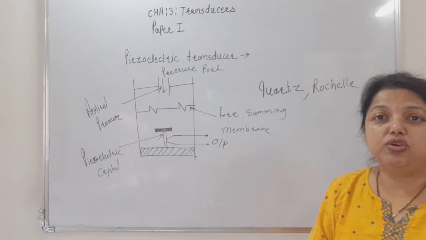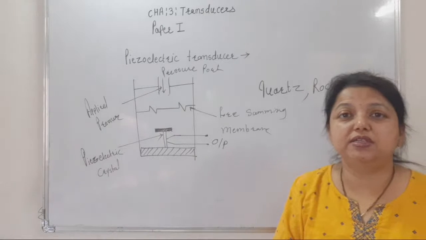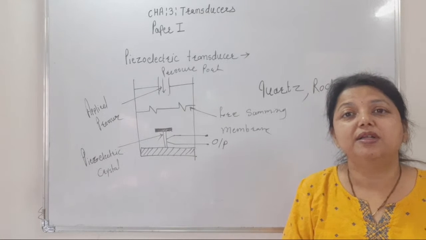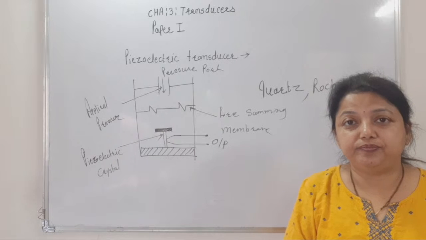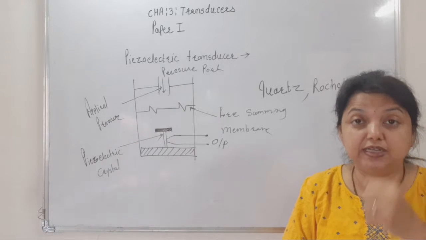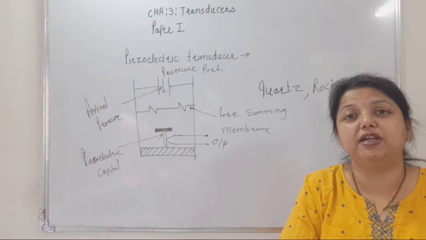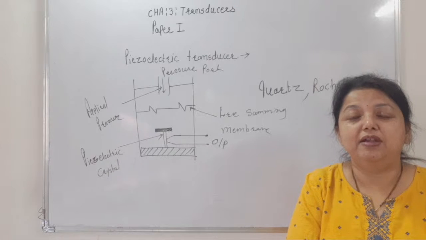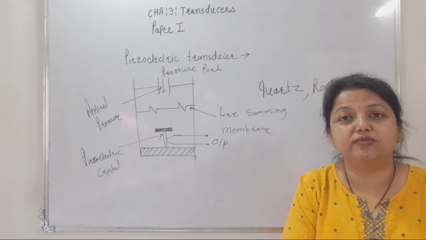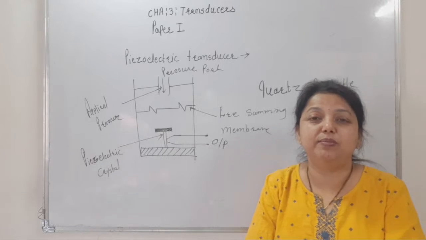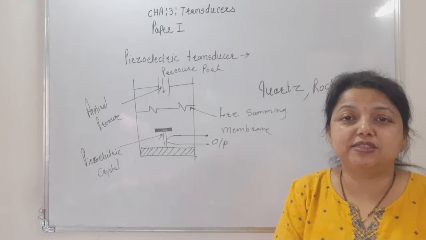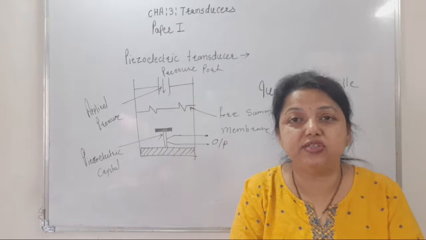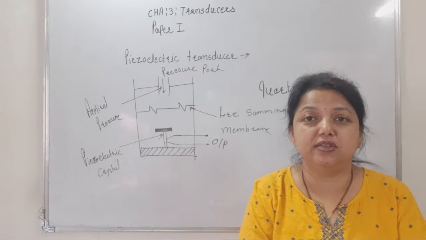What do you say in short about piezoelectric transducer? It converts that input pressure or displacement into an electric quantity. Therefore, pressure is converted into electrical energy. Okay, and for that you have to state first the piezoelectric effect, that whenever piezoelectric crystal is subjected to pressure or tension, EMF is generated across the crystal.